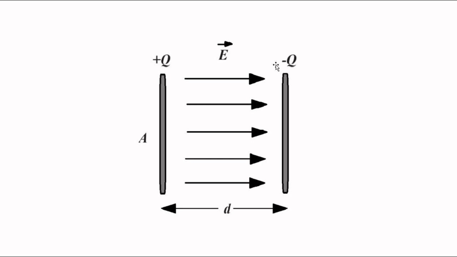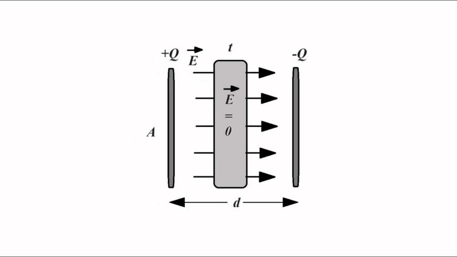This produces electric field E. Now if we change the situation, if we insert a conducting slab with a lot of free charge carriers in the slab, then because of the migration of charge carriers of opposite polarity towards the opposite sides, negative charge will move on this side, positive charge will move on the other side. This will produce a counter electric field.